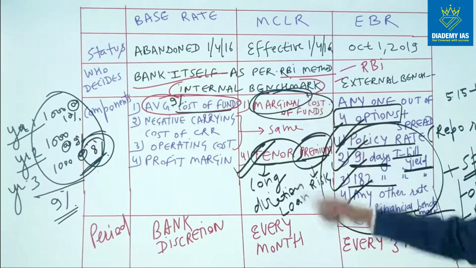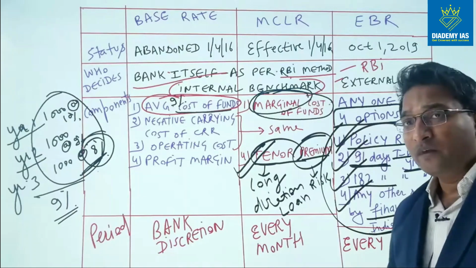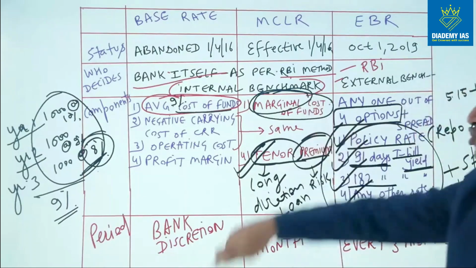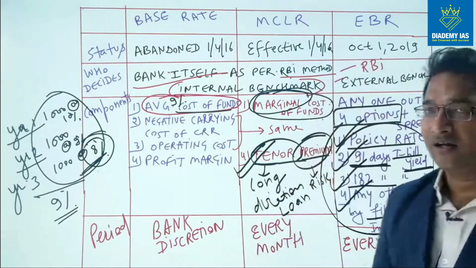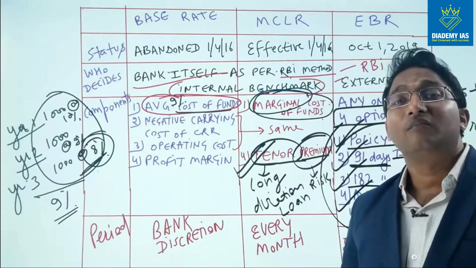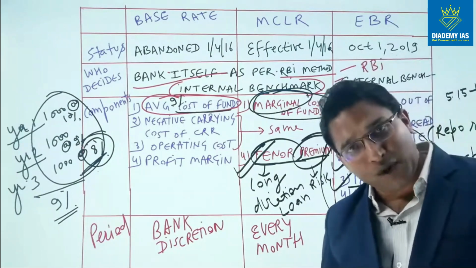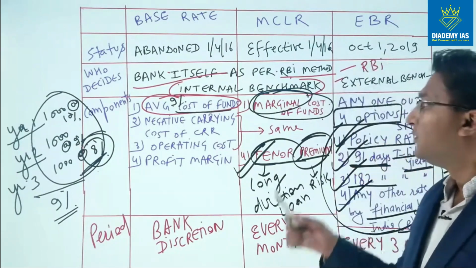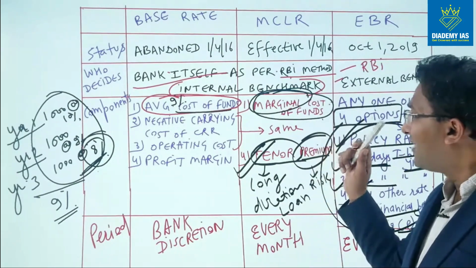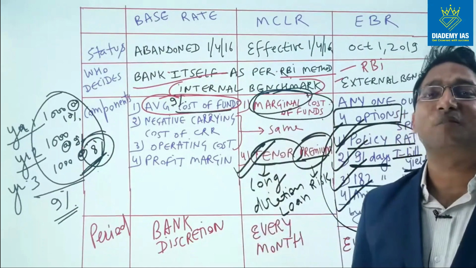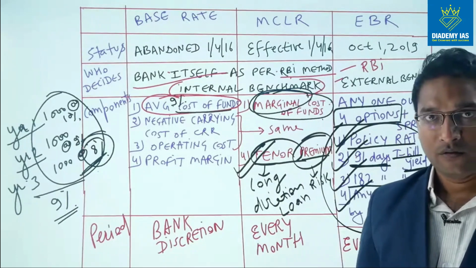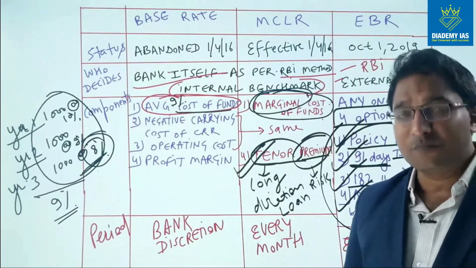So in case of marginal cost of funding, this is again based upon the cost of funding. The cost of funding may or may not be based upon the repo rate. So if I say that this marginal cost of fund actually reflects the repo rate, then this is partially true.